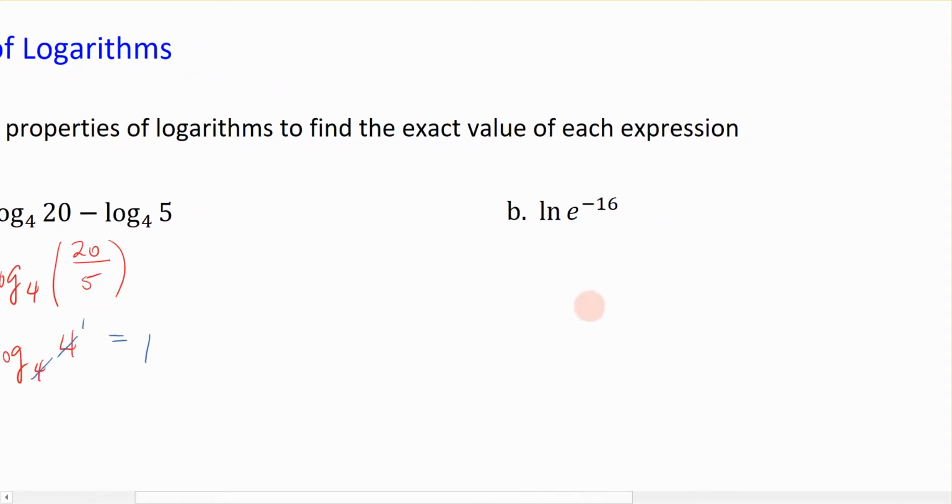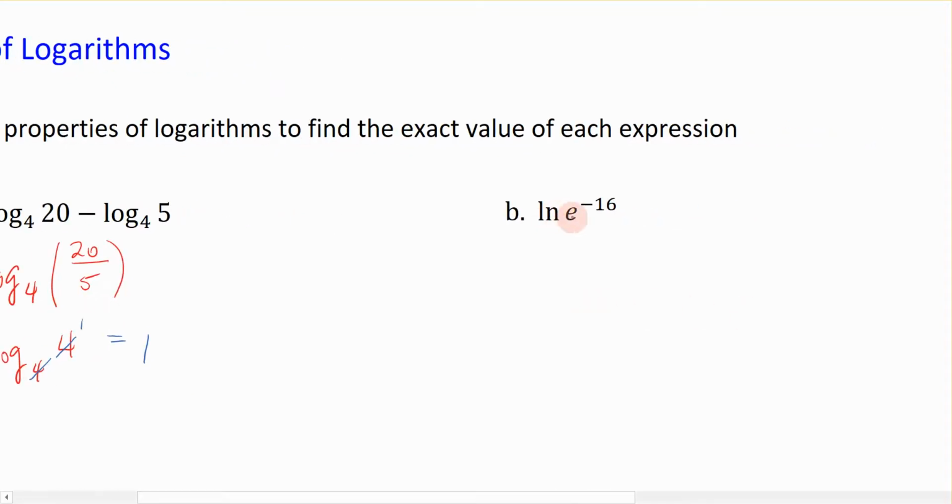Let's try that again over here. I have the natural log of e to the negative 16. Remember that the natural log is really shorthand for log base e. So we have natural log, which stands for log base e, of the argument e to the negative 16.